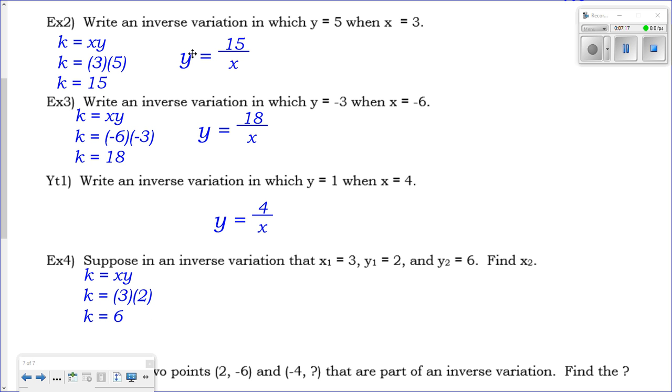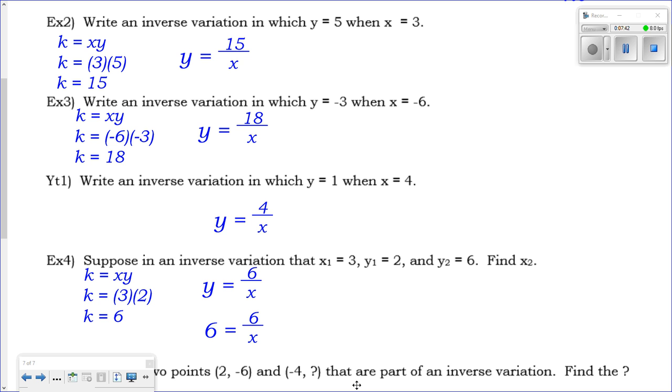6. Now I'm going to do the same thing as in example 2 and write my equation: y equals 6 over x. But now I'm given a second y value and I need to find the x value. So I'm going to take this equation and plug in 6 for y. I'm going to rewrite it, but instead of y, I write 6.